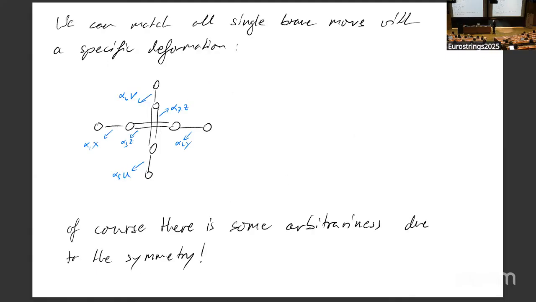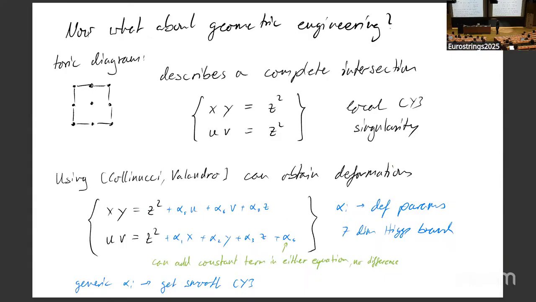Now, we can also add the other deformations, everything that corresponds to moving some single brane segment. And so we have α₁x and α₂y deformations. I should have really put the equation here again because this is not very clear. Let me briefly jump back to the equations. So we have two equations. The one set of equations we can deform by x, y, and z.